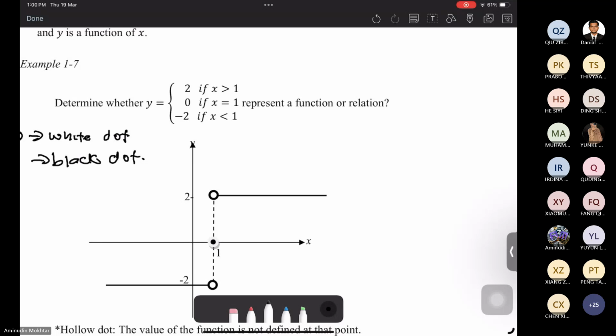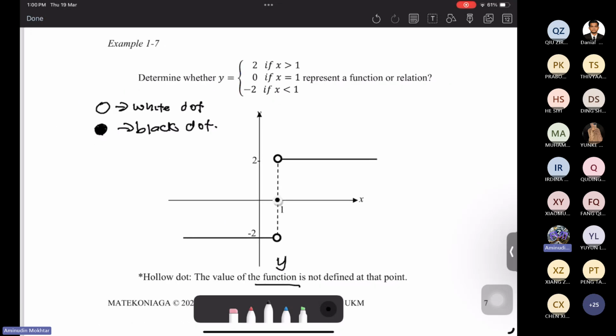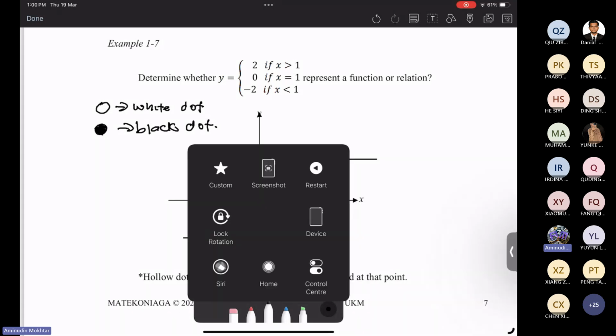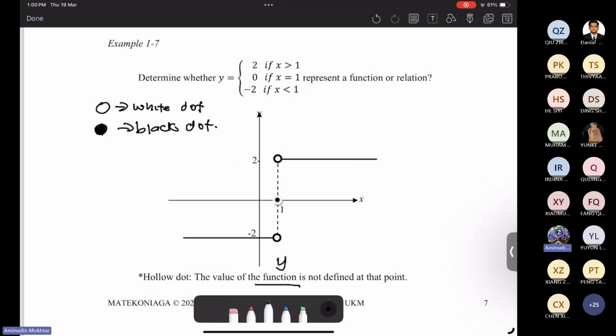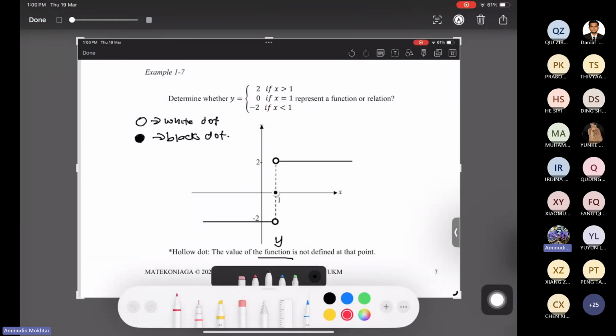Okay, for example, I have this question. Let me take a screenshot here.